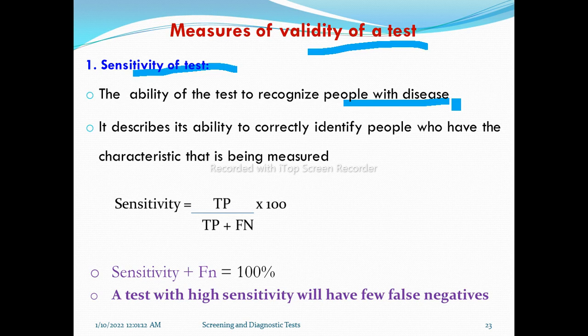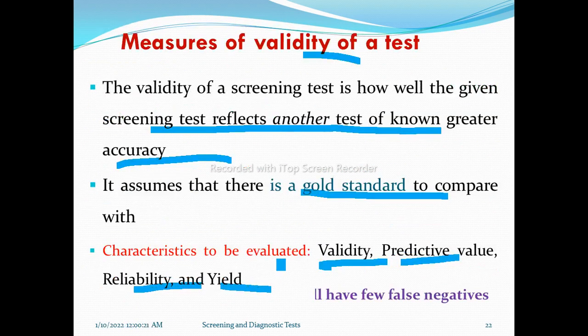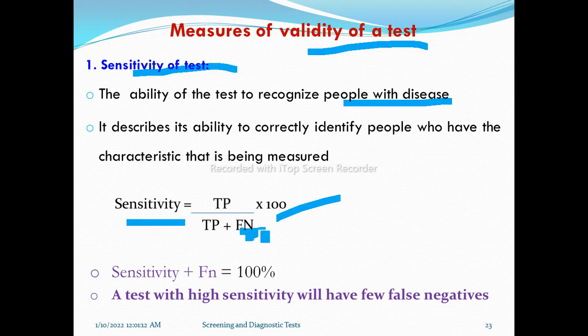So to calculate sensitivity, we will use this formula. Sensitivity is equal to true positive over true positive plus false negative, times 100. So sensitivity plus the false negative rate is equal to 100%.